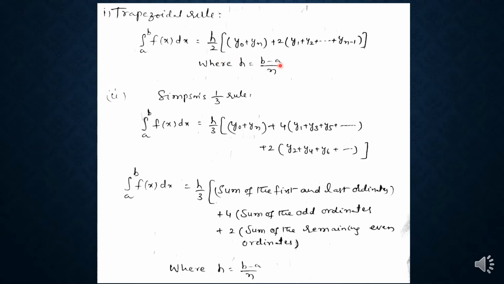Similarly, Simpson's 1/3 rule is another numerical integration technique. Here also we divide ab into an even number of equal subintervals, each of width h is equal to (b minus a) by n.